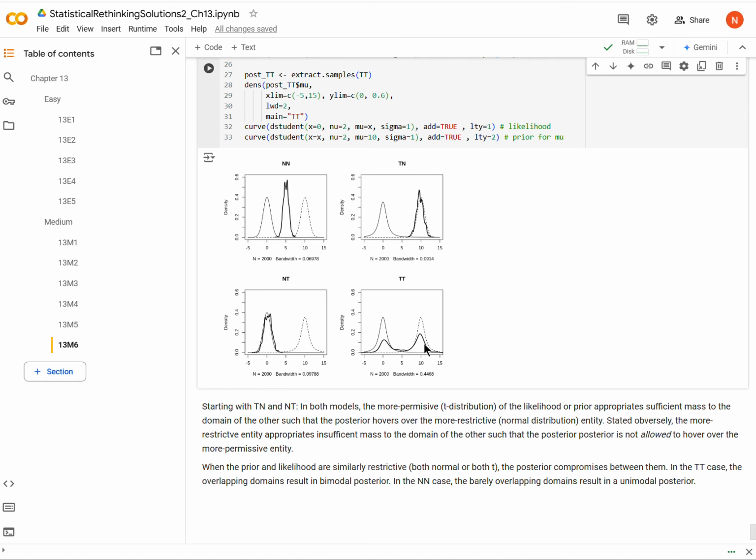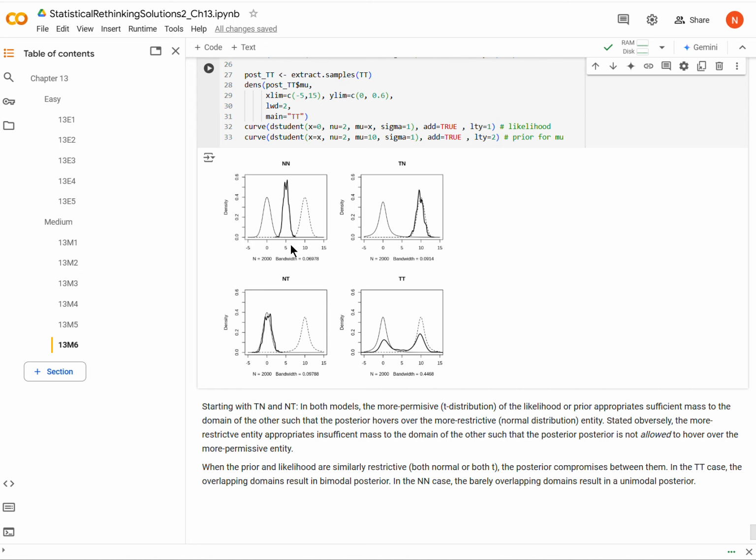I hope that makes sense, right? And so what ends up happening is they end up sharing all of the posterior mass between the likelihood and the prior.